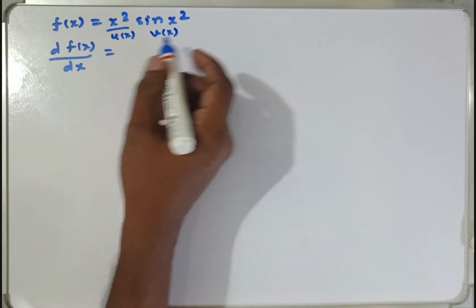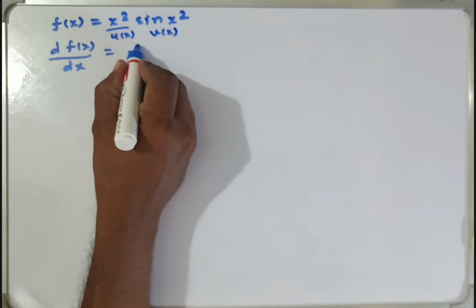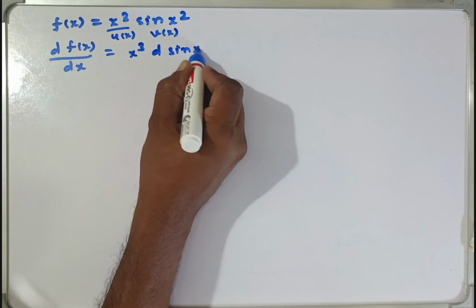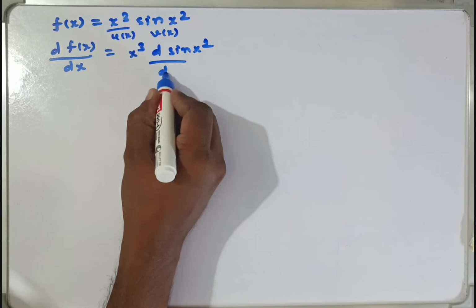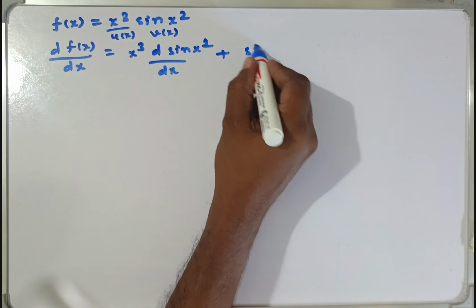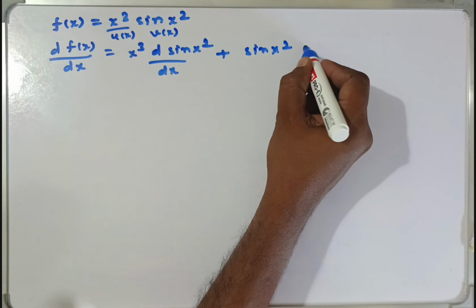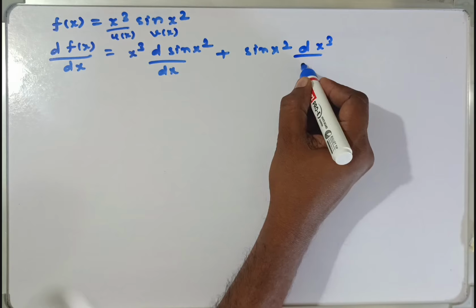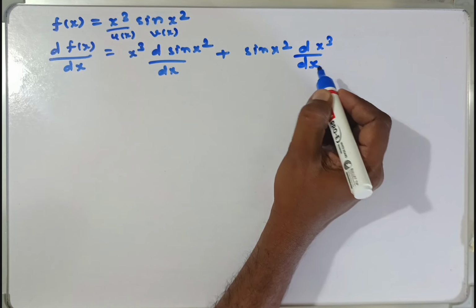Then what we write here, x cube, then differentiation of sin x square by dx, then again positive sign, sin x square, d, then x cube, divided by dx.